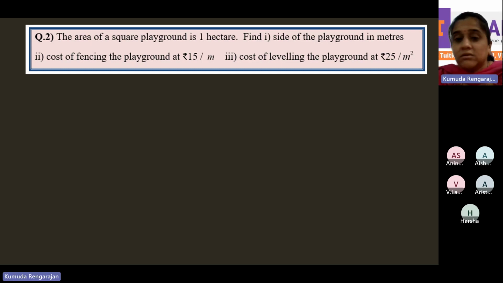For the side of the playground. Yeah, you're right.